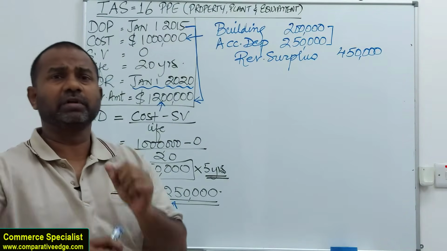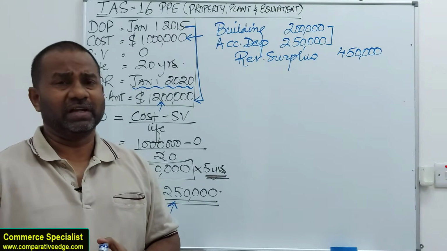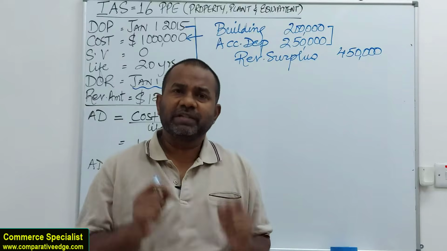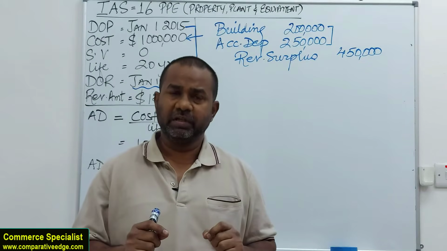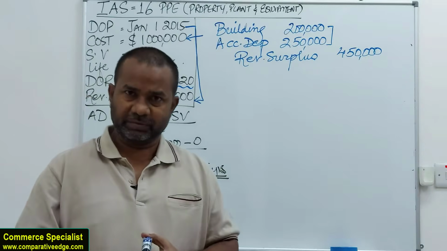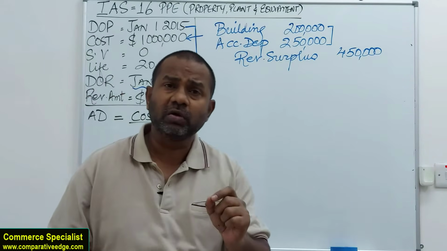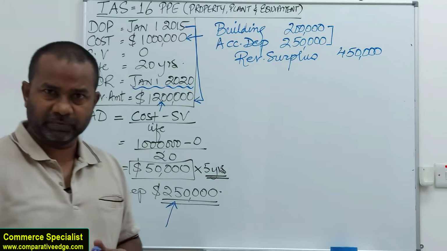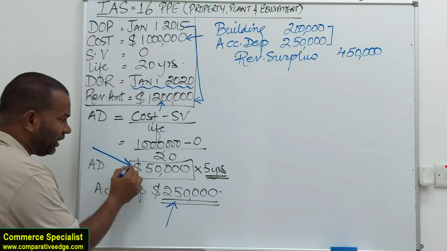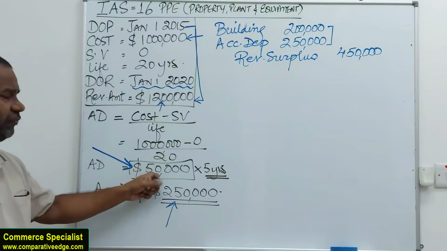Now there is an important guidance in IAS 16. IAS 16 permits, allows companies to transfer the excess depreciation to the retained earnings account. So first we need to know what is excess depreciation. If you look at the annual depreciation before revaluation, it was 50,000.